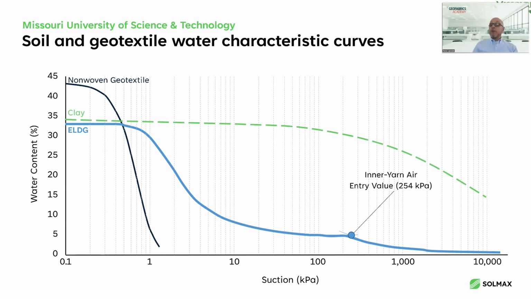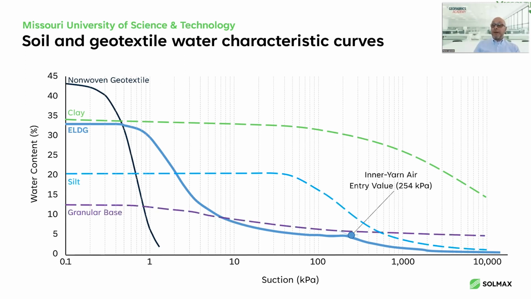Now, we can do this with a bunch of soils. So I did a whole bunch of very technical research, which is my way of saying I Googled a series of generic soil water characteristic curves for different soils. In this case, you see a clay, silt, and a granular base.